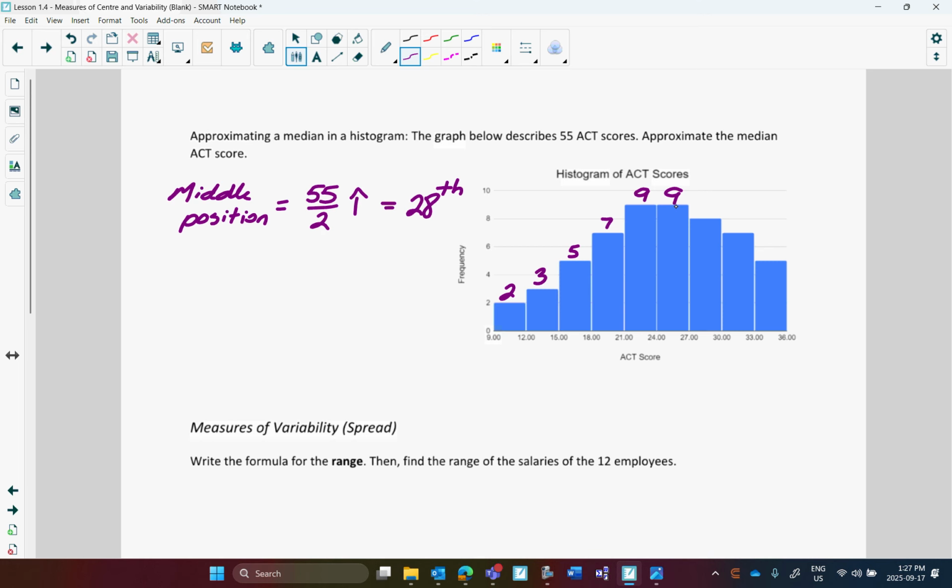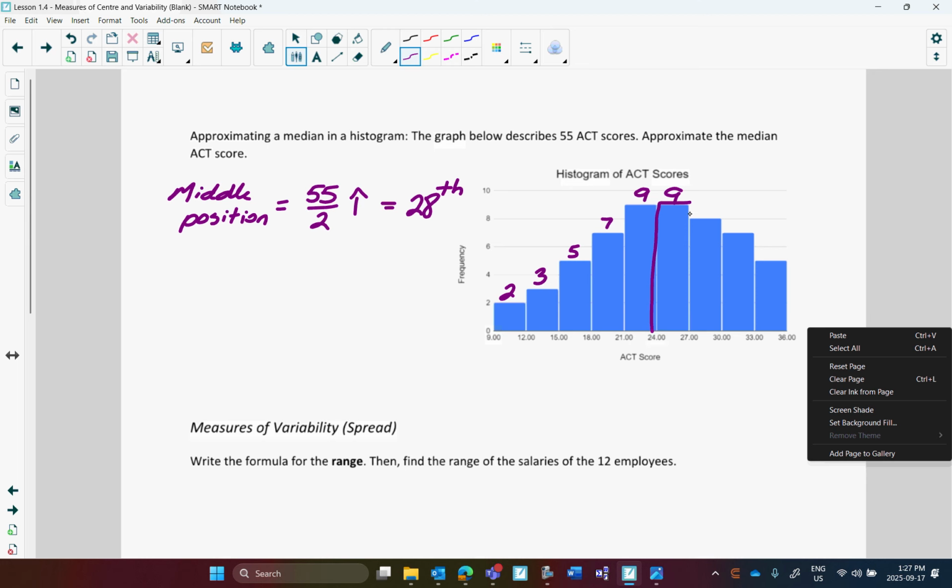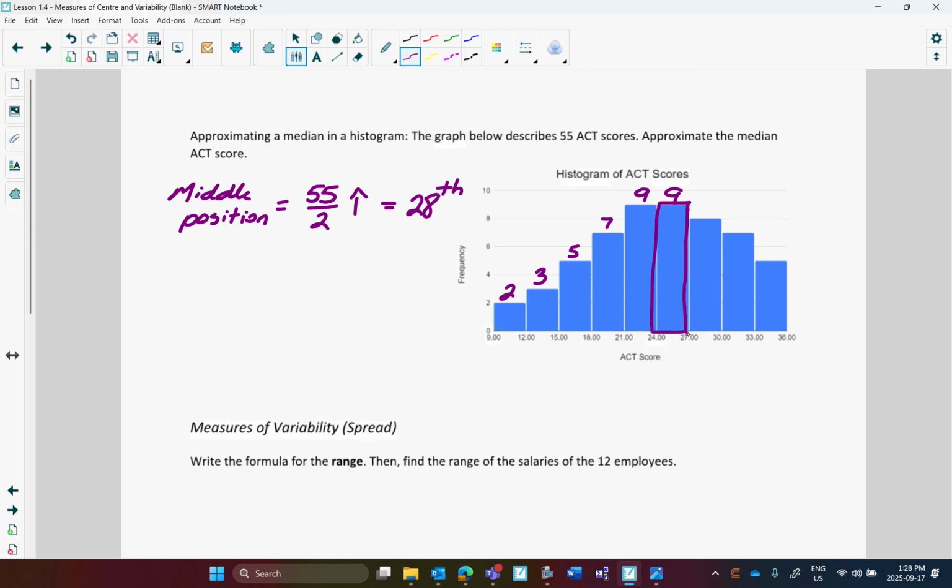So there's 26 up to here. There's 9 in here, so that means the 28th one must be in here. So the best I can do is the median is equal to 24 to 27, somewhere in there.